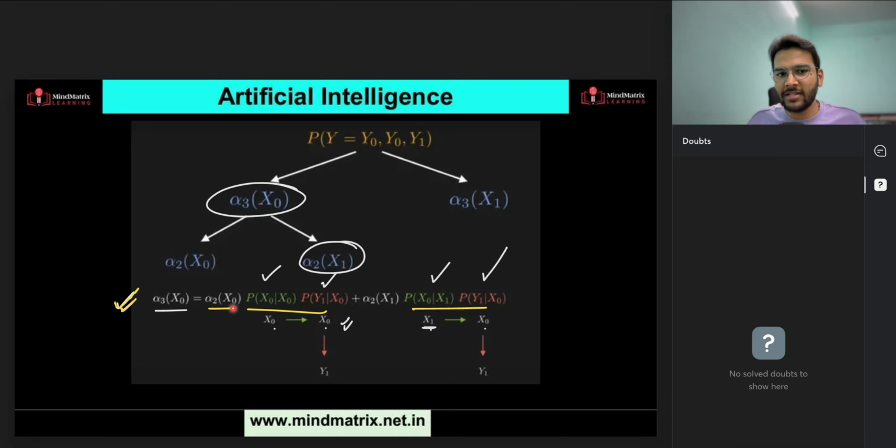Now if you expand this alpha 2 of x0, it will be further expanded into alpha 1 of x0 and alpha 1 of x1. I hope now you are able to relate. Similarly, this thing also, alpha 1 of x0, alpha 1 of x1. So ultimately, you are going to get the addition of all those 8 statements.